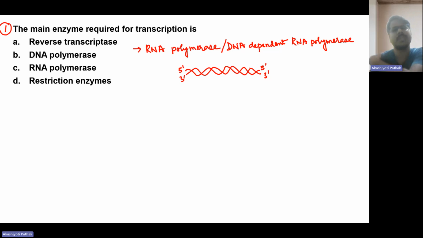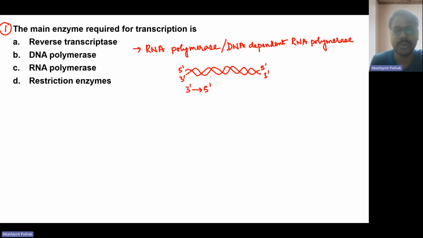So which strand is used as the template? The 3' to 5' strand is used as the template. These are basic class 12 concepts we must have read in class 12 itself if we had biology as one of the courses. The 3' to 5' strand is taken as the template because, similar to the DNA polymerase, the RNA polymerase synthesizes in the 5' to 3' direction.